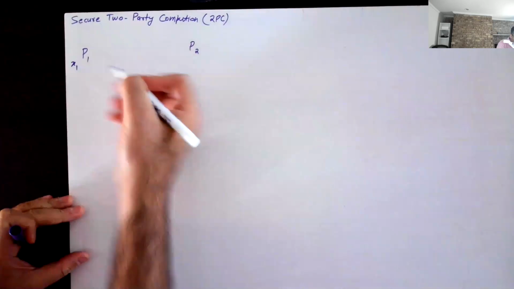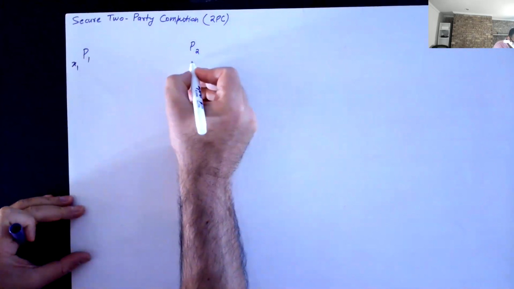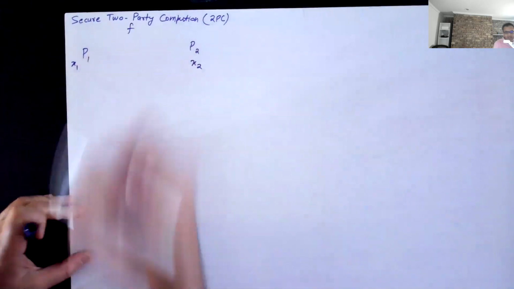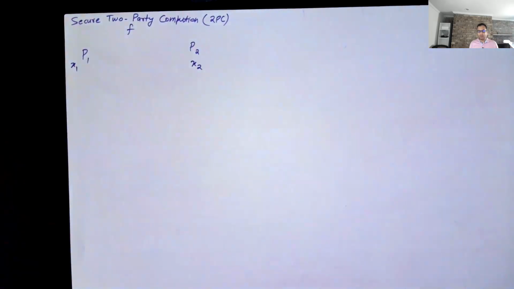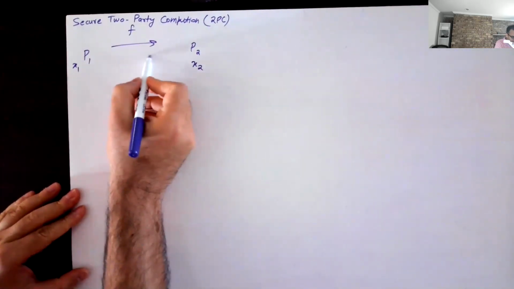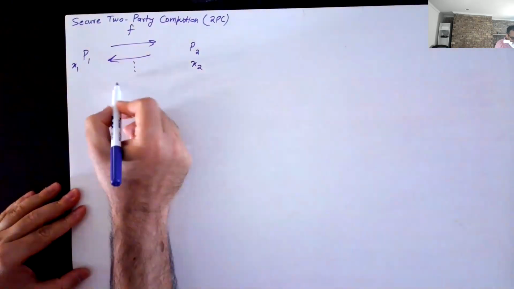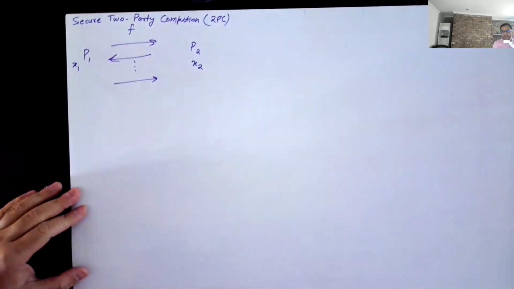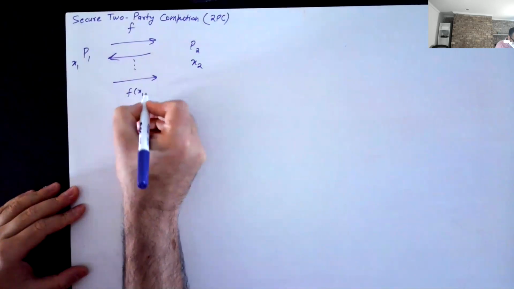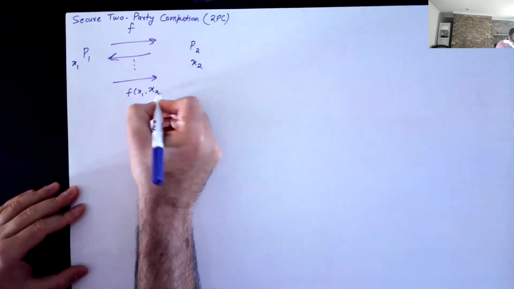The private input of P1 is x1 and of P2 is x2. There's a public function f. Both of them know what f is. And they would like to run a protocol. At the end of the protocol, both parties learn f of x1 comma x2.